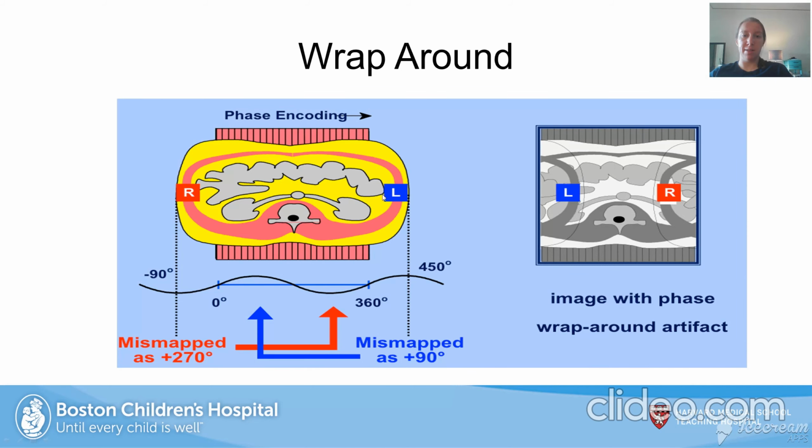If you're sampling outside your field of view over here, at minus 90 degrees, for example, it'll be mismapped at 270 degrees. 360 minus 270 will give you 90, so the right side will be mapped back over here. And the left side will map back in the other direction, mismapped as 90 plus 360, so 450 degrees over here.